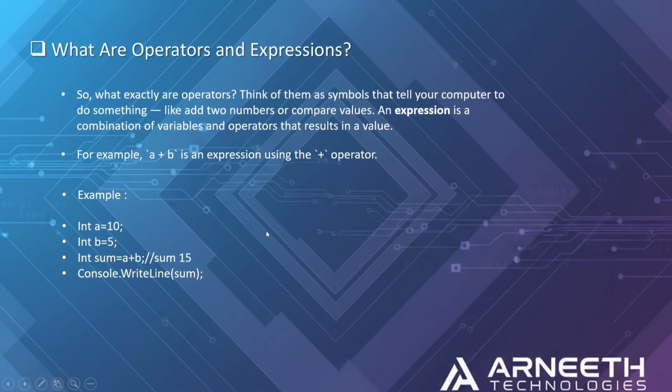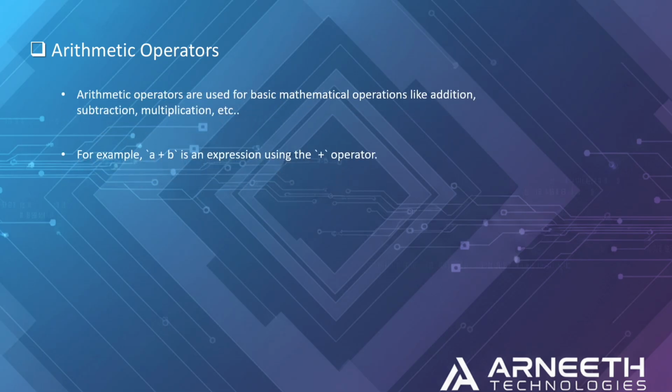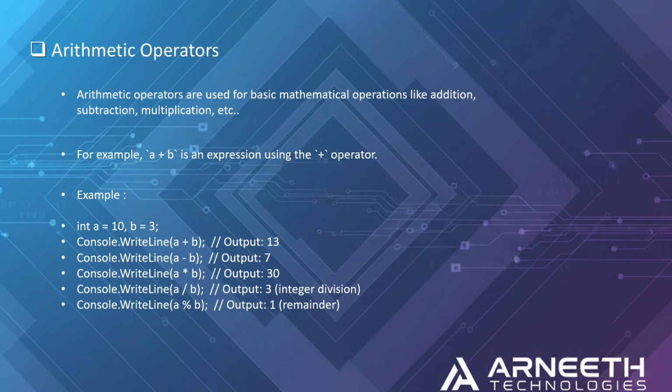As we have seen with the example of int a is equal to 10 and int b is equal to 5, we have just done the arithmetic operators.